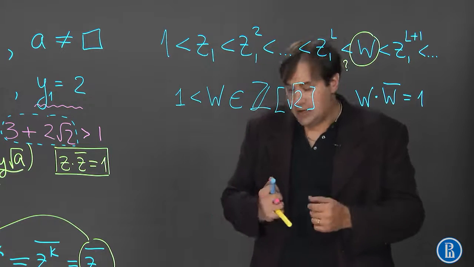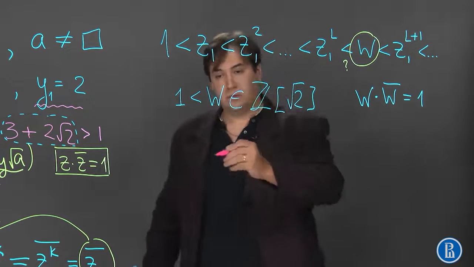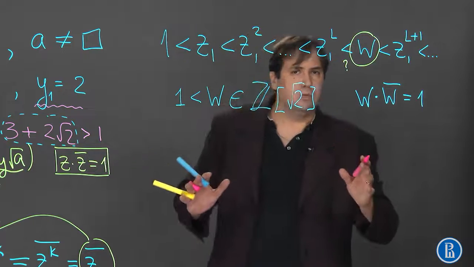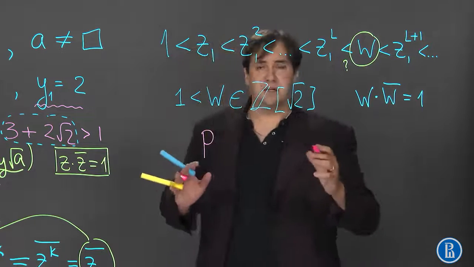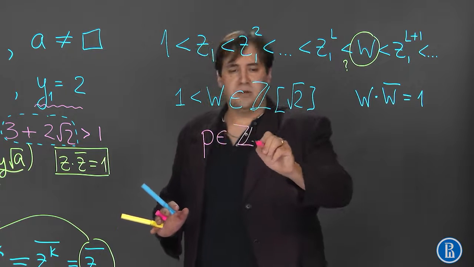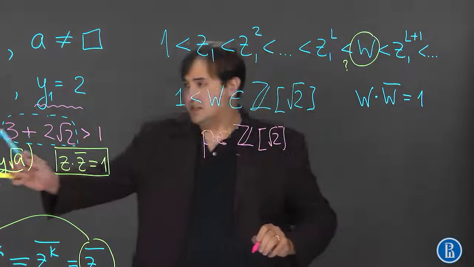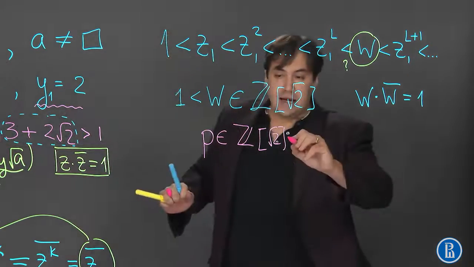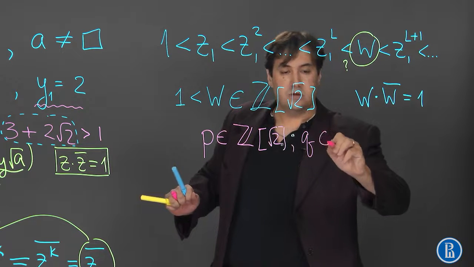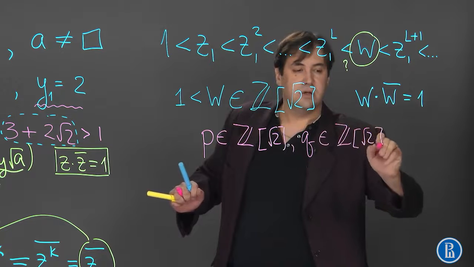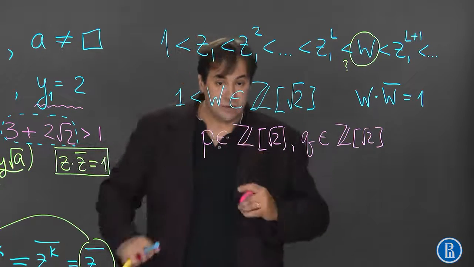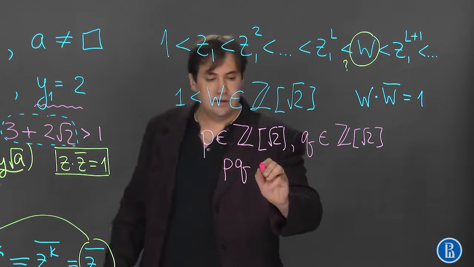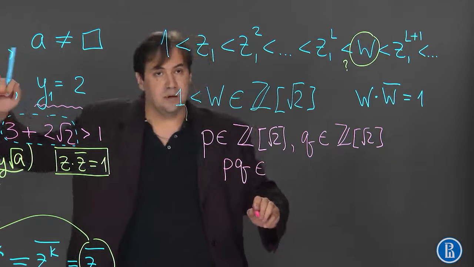The main idea is that if we have two solutions, I will use some neutral letters, say P and Q. If P is a solution, where by solution we mean a quadratic irrationality, something of this form, and it is a solution of this very Pell's equation, and also Q, also a quadratic irrationality, also a solution, then it will be very useful to understand that P multiplied by Q is automatically a solution of the very same Pell's equation.